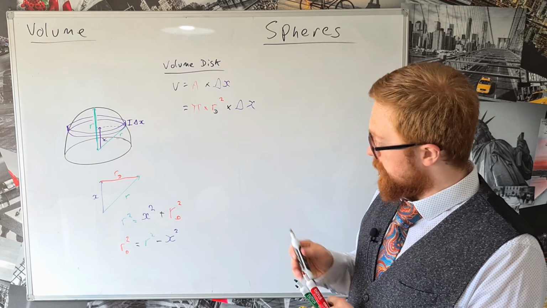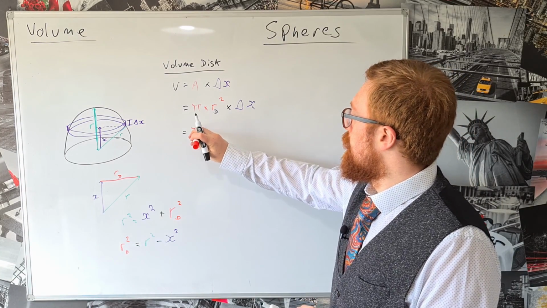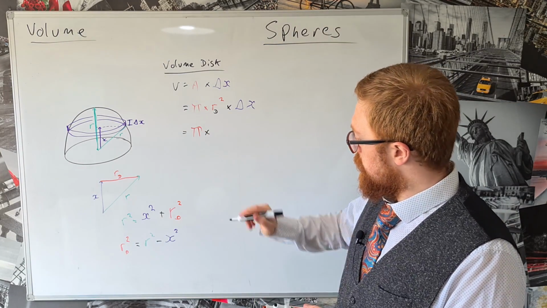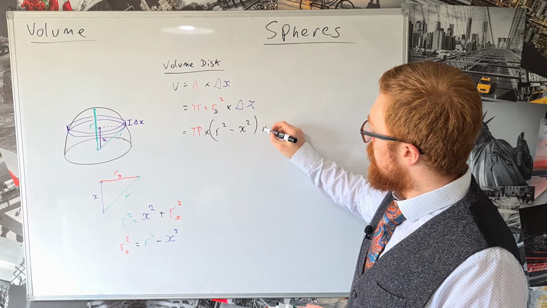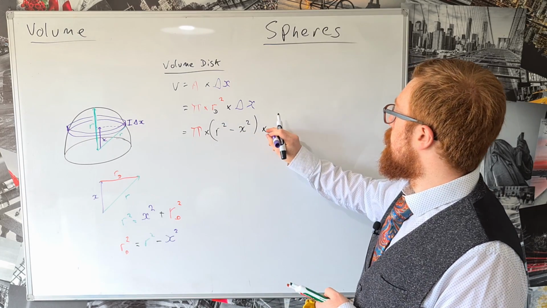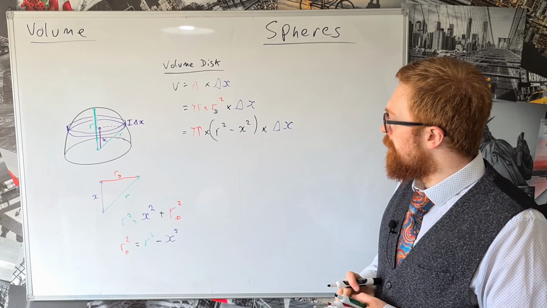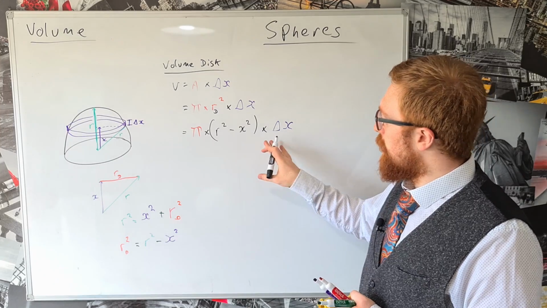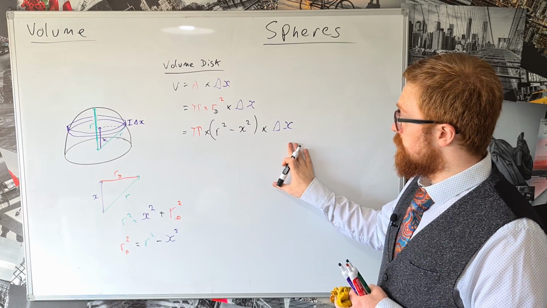So substituting that into this formula, we get that the volume is equal to pi times by this guy squared, r squared minus x squared, times by this delta x that we're after, the width of the disc. Now we'll do a little bit of tidying up of that in the next step, but I think that's actually quite a nice, concise way to leave it just for now.